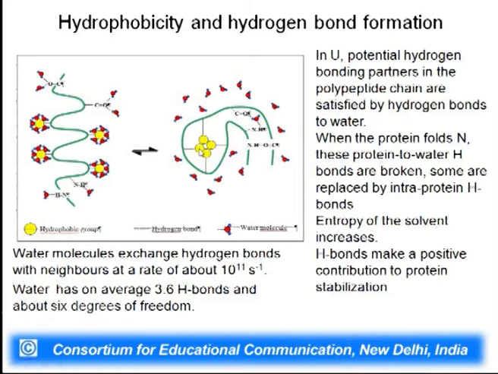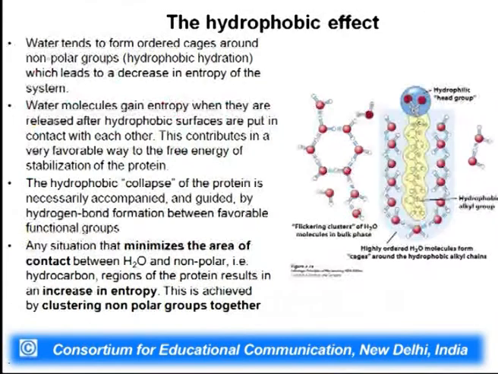So, all these yellow circles are hydrophobic groups which have been brought into the core, and when this is happening, the entropy of the solvent is going to increase, and as we said, all the bonds contribute to the enthalpy of the protein folding process.